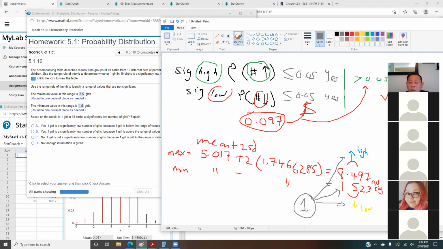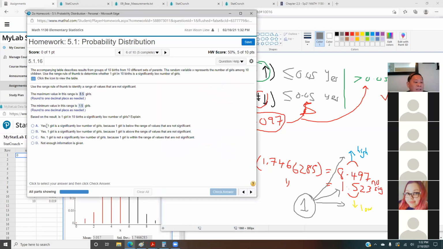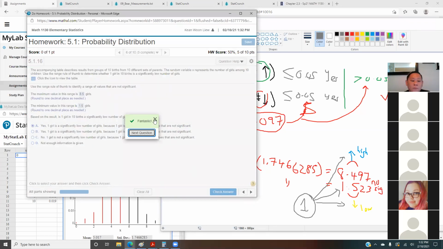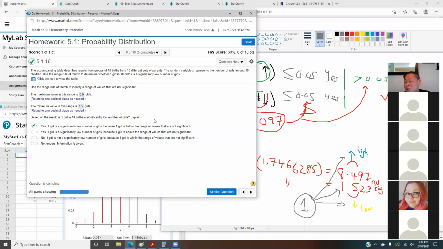It's outside, so it's low. So in this case, is 1 significantly low? The answer is yes. 1 is significantly low because it is below the range. Okay, below, not above. You guys all right? So it's pretty much the same thing: once you get the range rule of thumb, they will give you a number and you figure out if that number is inside or outside. If it's inside, it's not significant. If it's outside, it's either low or high, depending on the number.